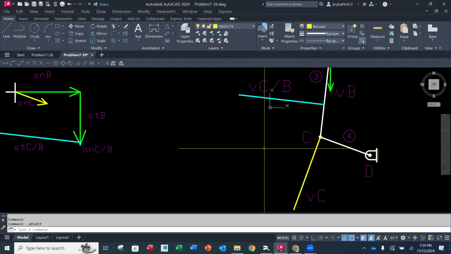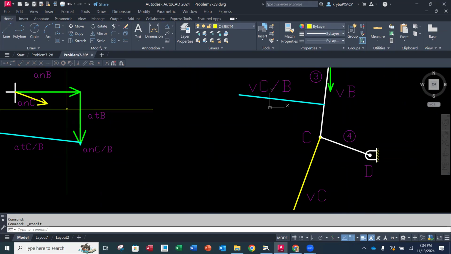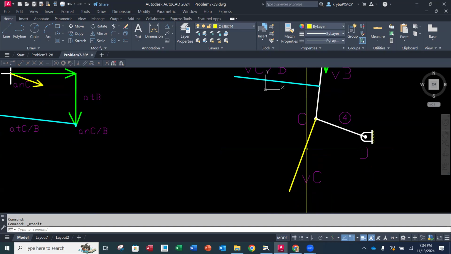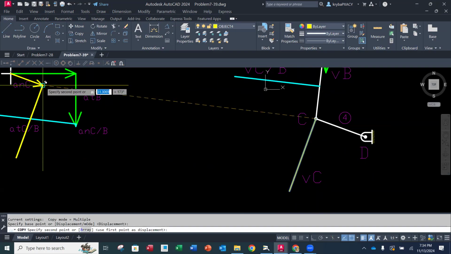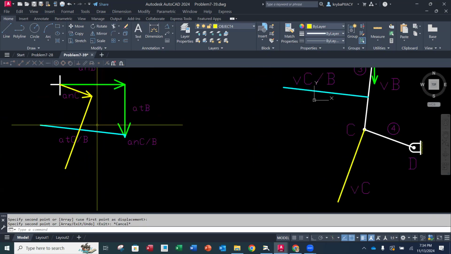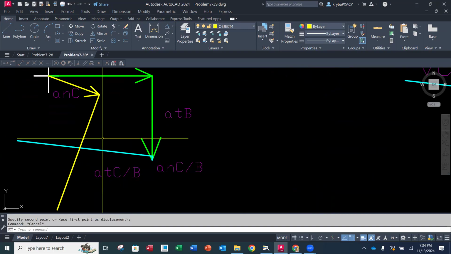So again, the normal is always along the link going from the point pointing towards the center of rotation. So that's why we know it's going down and to the right. And then the acceleration tangential at C is going to be perpendicular to that link, okay? And it's going to go in the direction of acceleration. So now what we're going to do is we're going to take the same line of action that the velocity at C was, and it'll be the same as the tangential. So it's right there. Good. We got an intersection. It's always good when we have an intersection. So I'm going to move this over, okay?